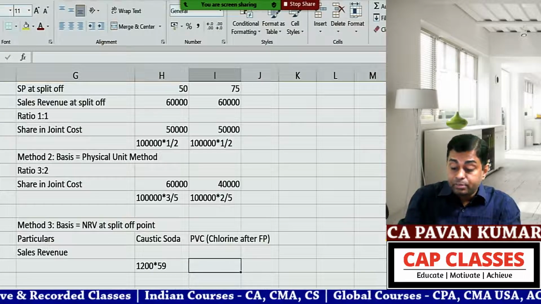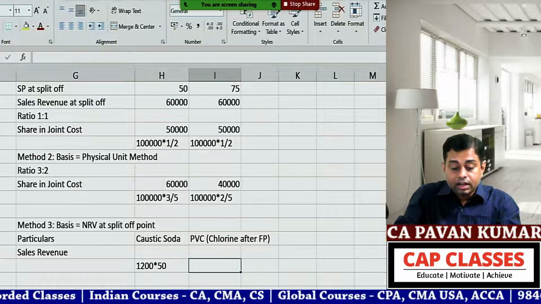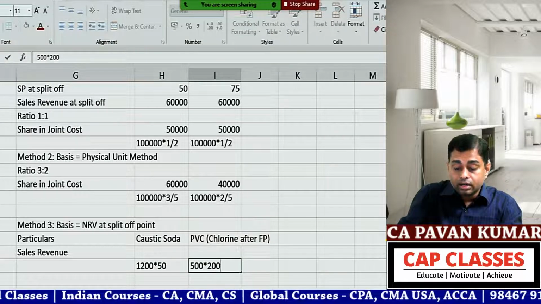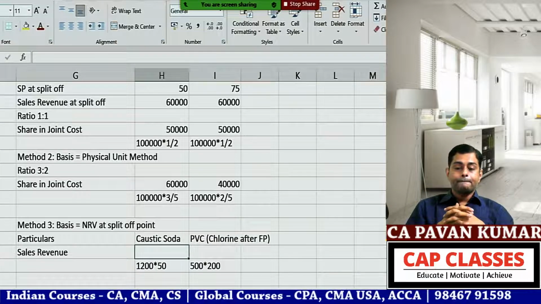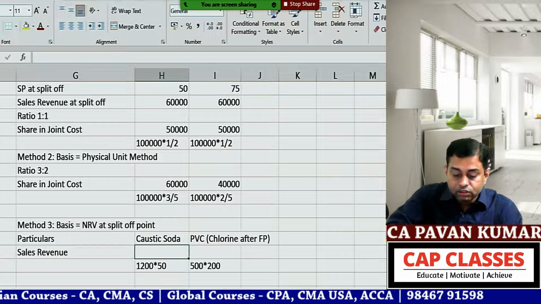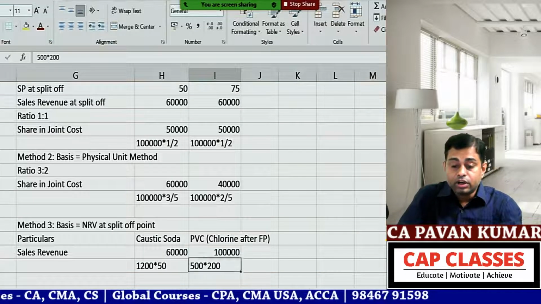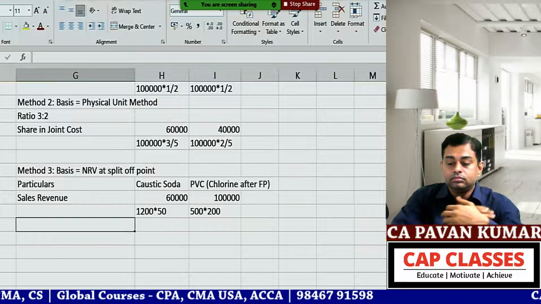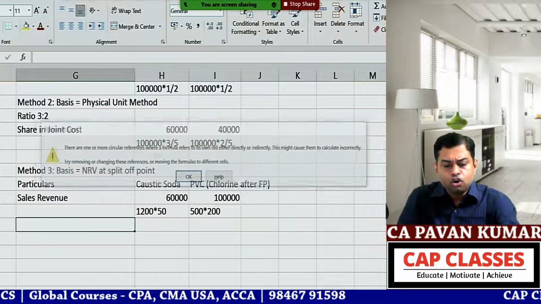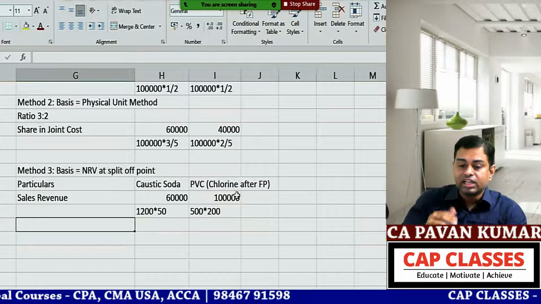Here PVC will be 500 tons into 200. Correct? So calculate and tell me. 60,000, sir. 60,000, then 1 lakh. Okay, less profit. Do we have profit in the question? Yes, sir. No. Where is the profit? The profit ratio at the end product is not given, no?